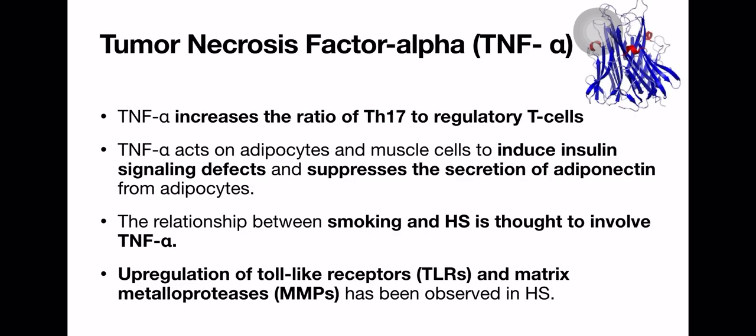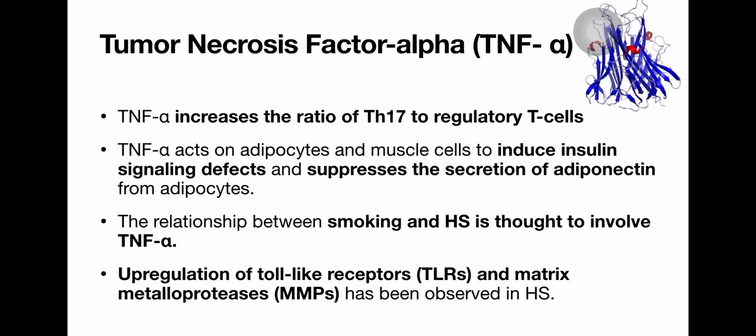And fourth, upregulation of toll-like receptors and matrix metalloproteases has been observed in HS. So TLRs are important for generating innate immune responses.